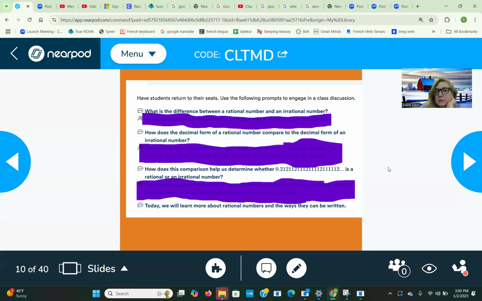That's fine. Just know how to get your answers. How does the decimal form of a rational number compare to the decimal form of an irrational number? How does this comparison help us to determine if it's an irrational number?